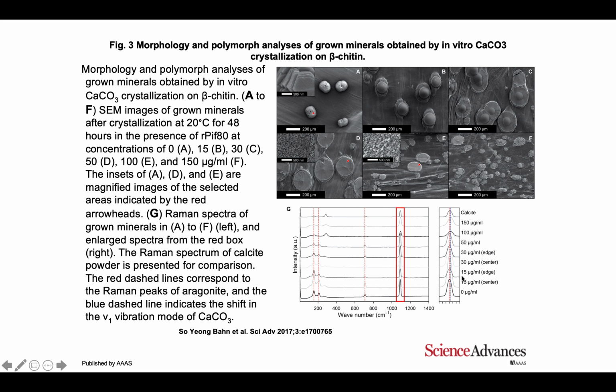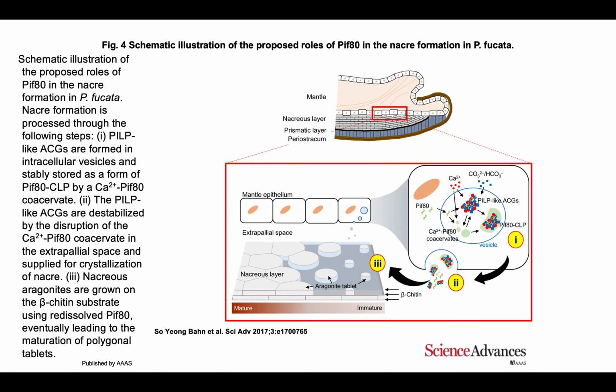And this is what you see with all of these forms. It's calcium carbonate in every one of those, so it's not just a salt crystal or something. That tells you that the experiment was looking at what they thought they were looking at. So yeah, PIF80 nucleates. It starts off the center of each of these little crystals that then fill in until they touch each other and then stop.